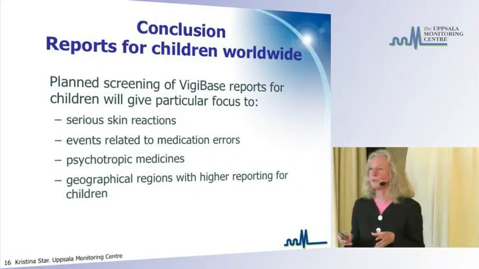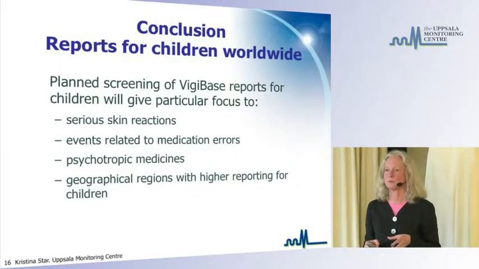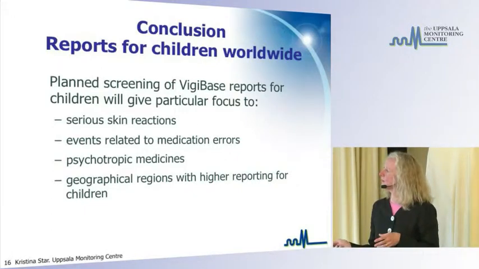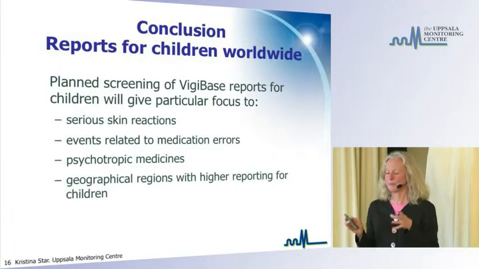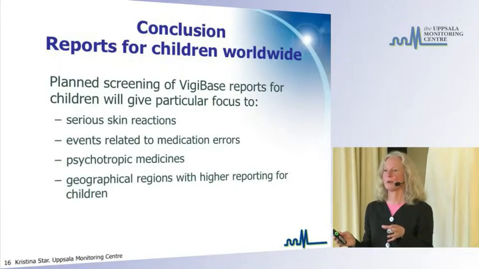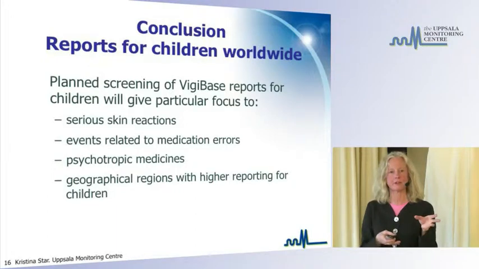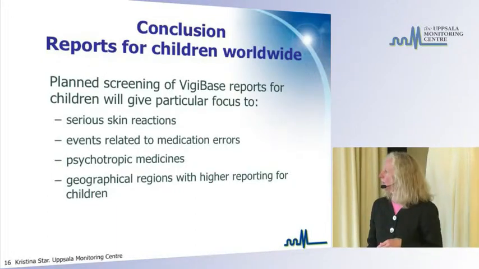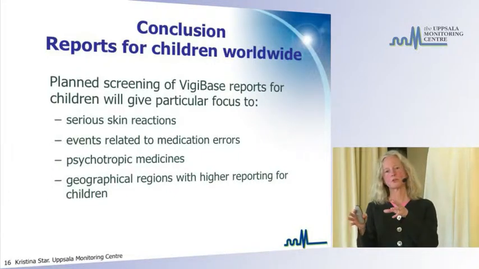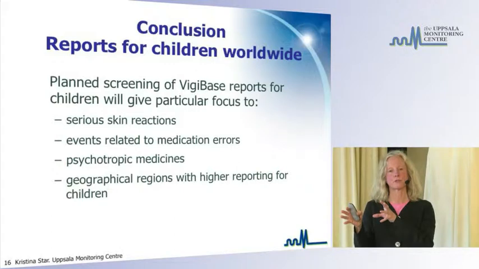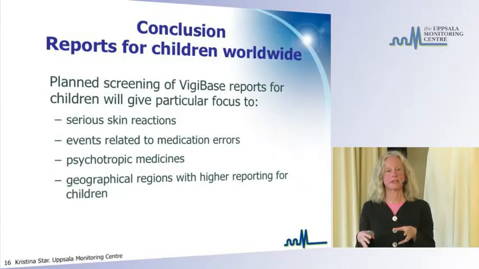So in VigiBase, we are now planning, with the signal detection project, based on this study and the background of the pediatric situation, to focus on serious skin reactions, because you saw that it was a very high proportion of reactions reported concerning the skin.